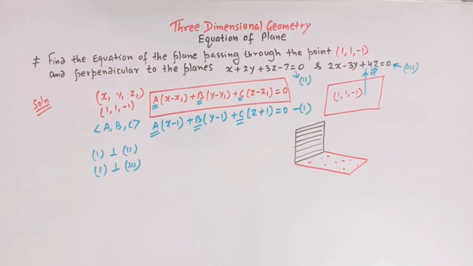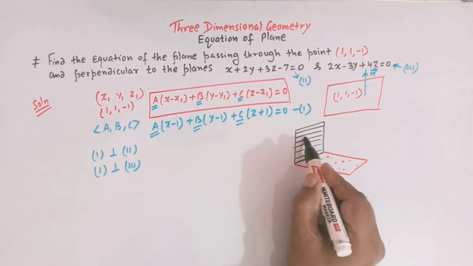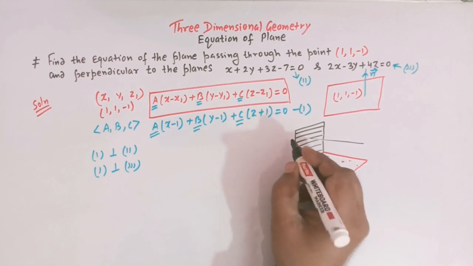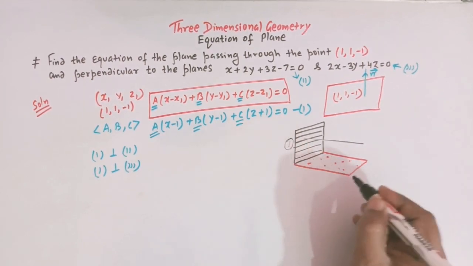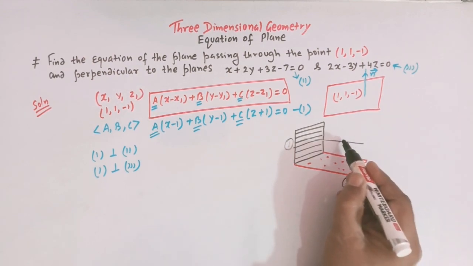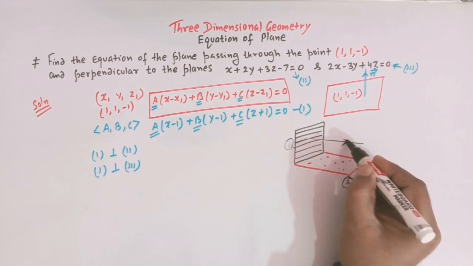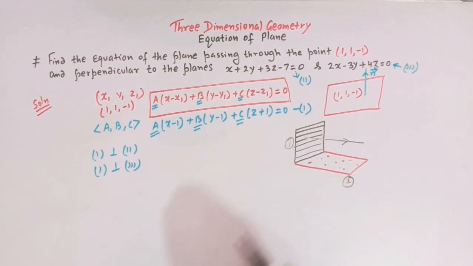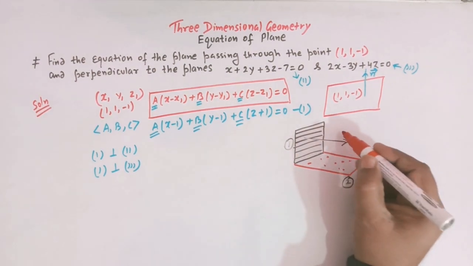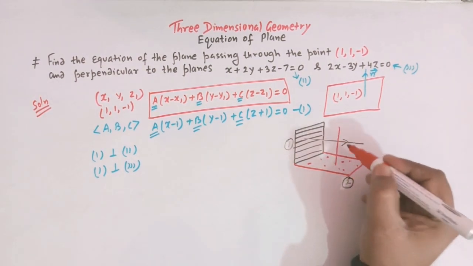So let us first draw the normal vector to this plane, right? This is, suppose this is the plane number 1, and let us take this plane as plane number 2. So this is the normal vector to this plane, right? And let us draw the normal vector to this plane, right? And the normal vector, it goes like this.